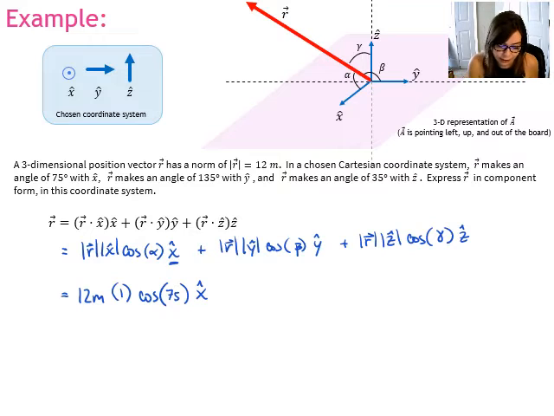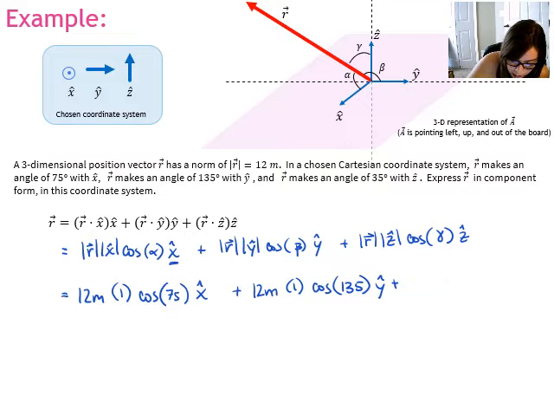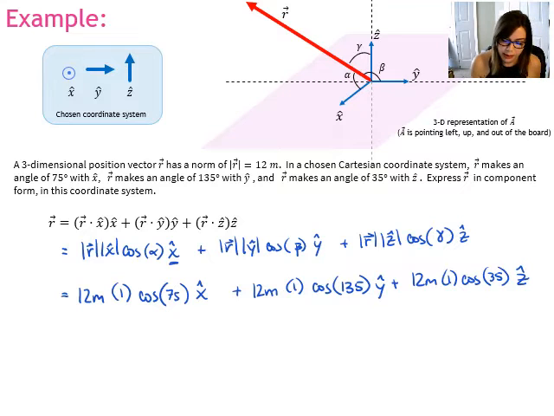It needs a vector on there, so don't forget your x hats. Then keep on going. Norm of r times the norm of unit vector y hat times the cosine of the angle beta, 135 degrees, plus norm of r times the norm of z hat times the cosine of angle gamma, which they tell us is 35 degrees, and then times z hat.